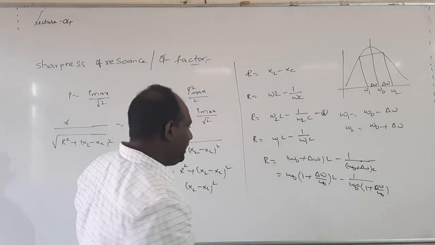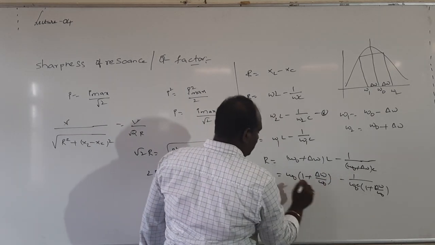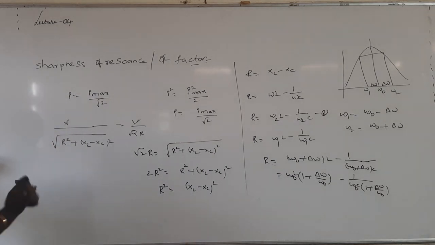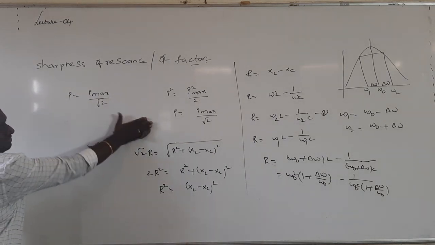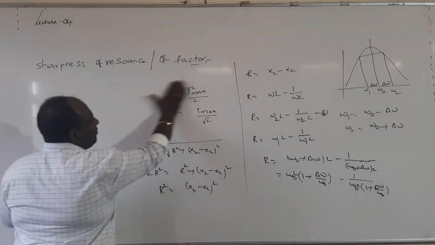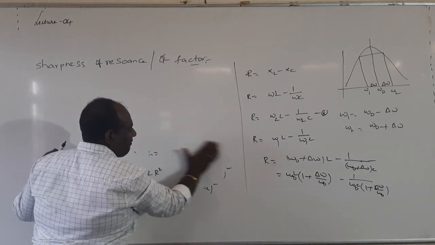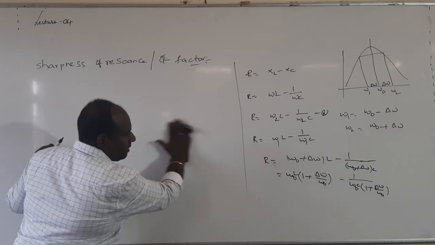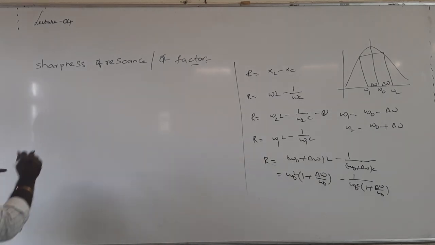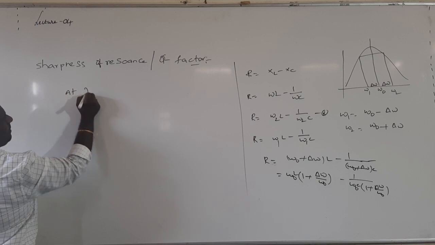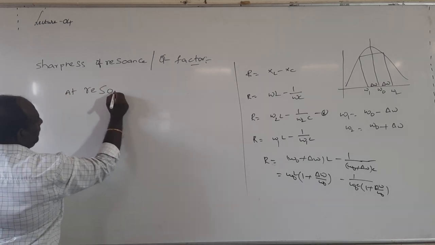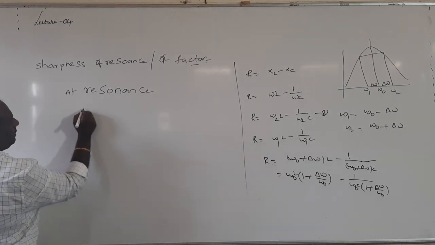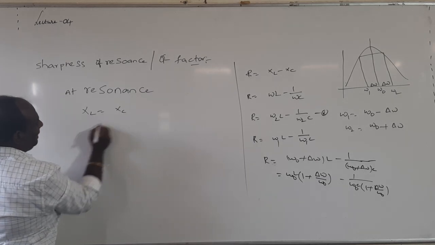Sir, at resonance, it is better to write this L here so we can understand clearly. At resonance XL is equal to XC. We have a condition at resonance. At resonance, what is the condition? XL equal to XC. What is XL?